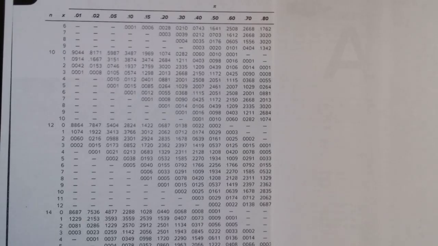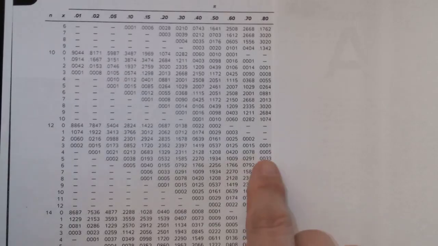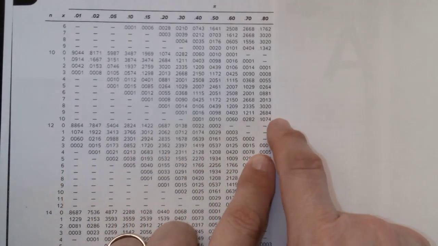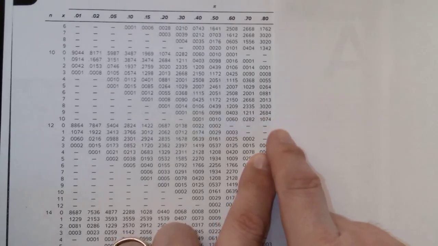I love this table. I use it all the time, and that means I can answer other questions with it, right? We wanted to know the chance of getting exactly 6. What's the chance of getting 4 or fewer? What's the chance of getting 4 or 3 or 2 or 1 or none? Notice these dashes?